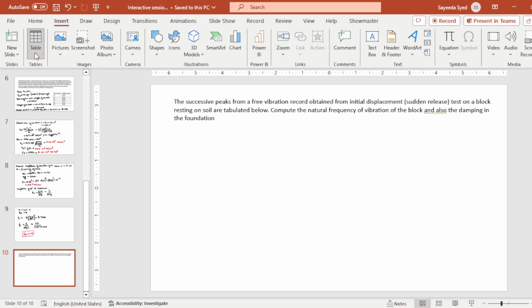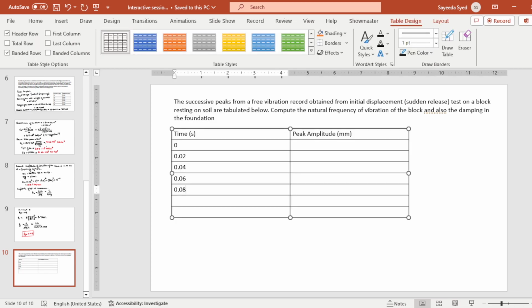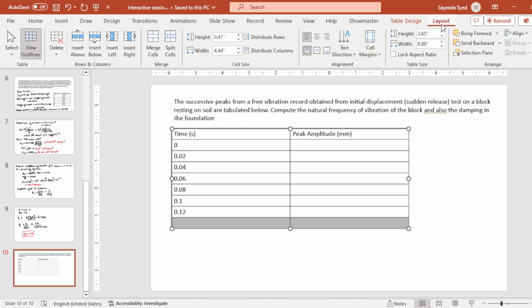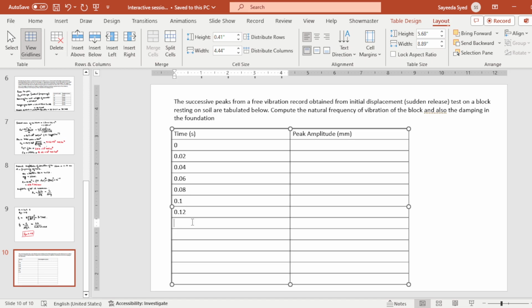Let's tabulate this. 0, 0.02, 0.04, 0.06, 0.08, 0.1, 0.14, 0.16, 0.18, 0.2, 0.3, 0.4. Two more. 0.26 and 0.28.